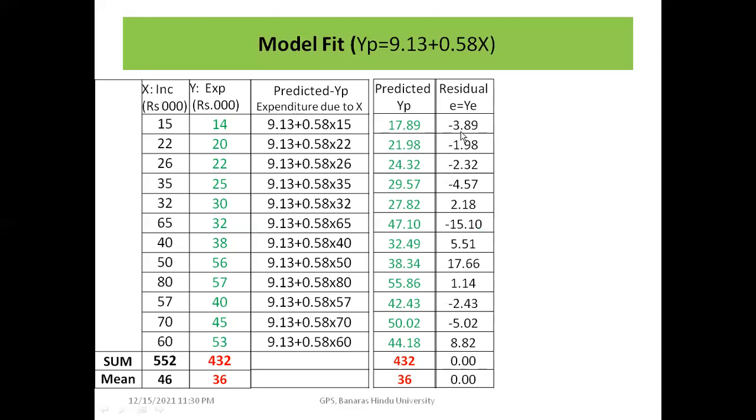Now we see that the original expenditure had a mean of 36, and the predicted also has a mean of 36. Now we want to know how much variability there was in this data. To know it, we calculate the variance of this data or the sum of squares of this data.